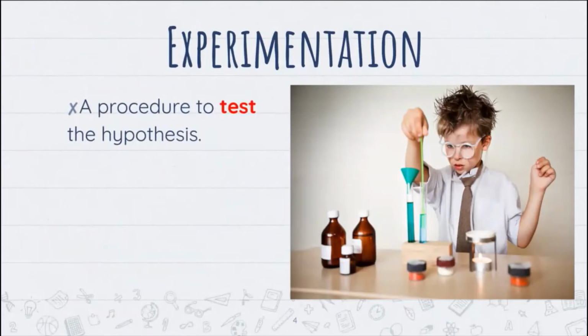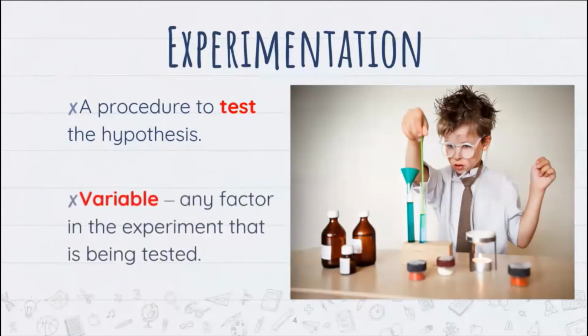So you have your hypothesis, which is just a tentative or possible answer to your question, but you are not yet sure. That's why you need to test it. And how are you going to test it? You need to conduct an experimentation. And in an experimentation, there must be variables, similar to our lesson last time.